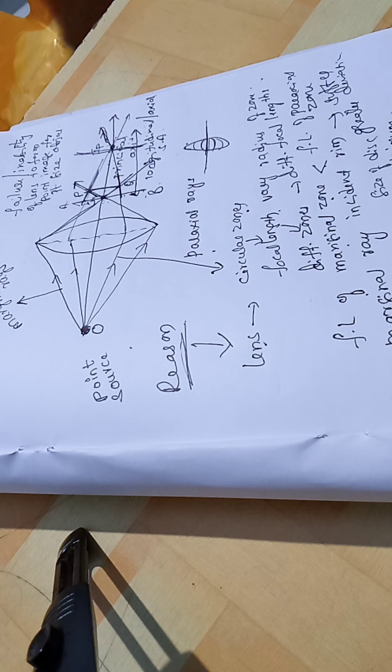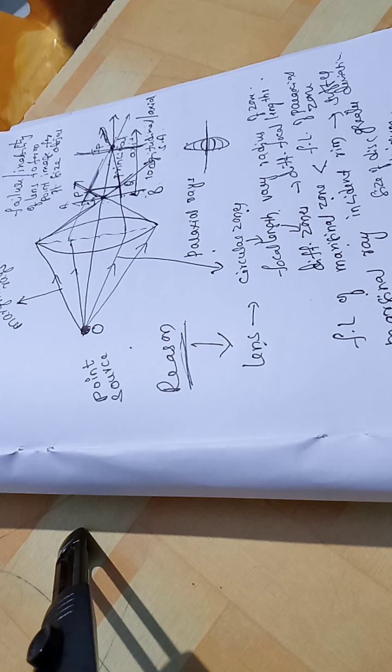So the focal length of the marginal zone will be lesser than that of the paraxial zones. So the marginal zones will form their image or focus in front of the lens first, and after that the paraxial rays will focus at a distance from the lens. So that is how we are getting this spherical aberration.